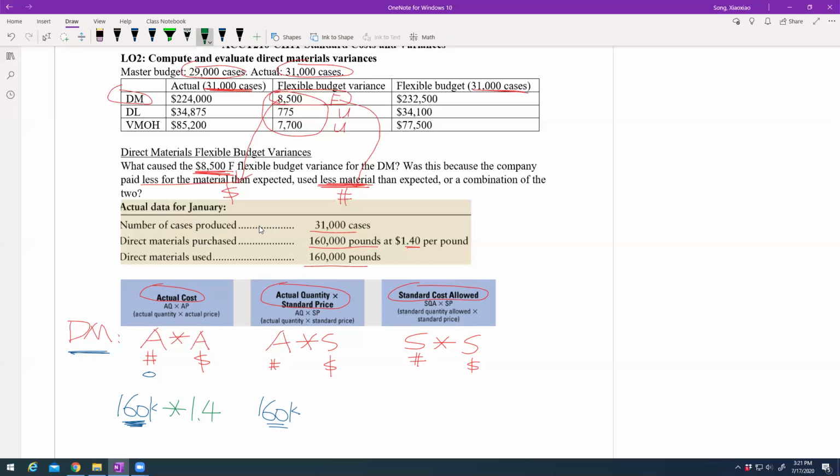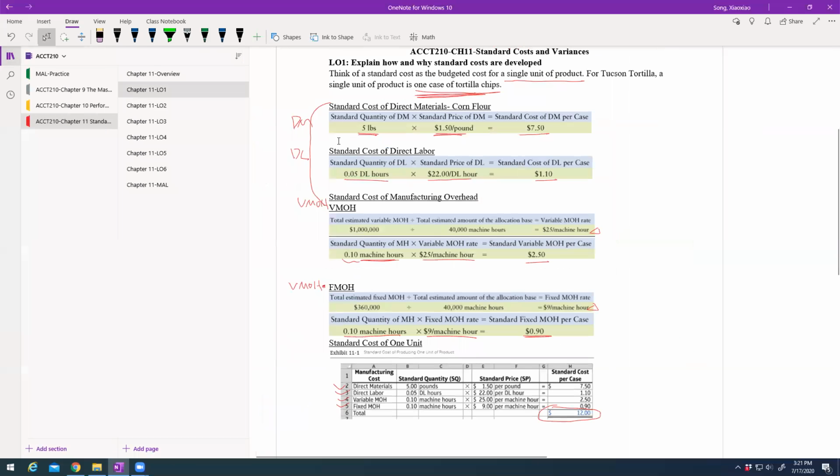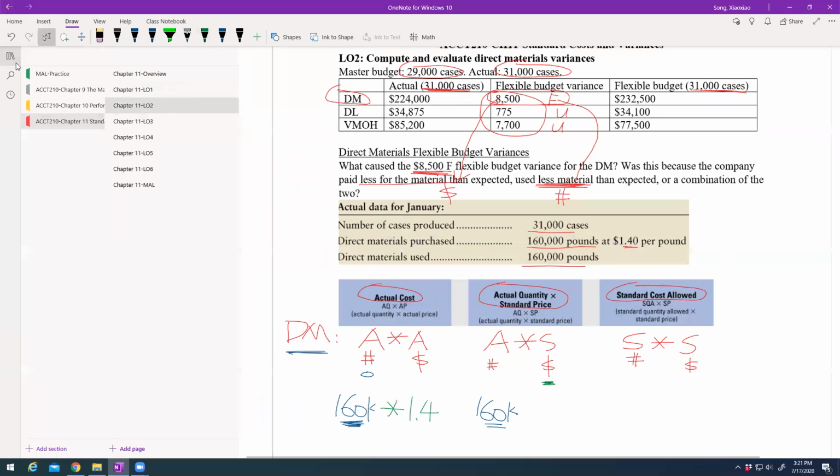For the standard, we want to know, based on the standard, if everything works normal as it is, what is the standard purchase price for 1 pound of the material. Where should we look? We should look at our standard. The standard is like a menu. The standard purchase price for direct material is $1.5 per pound.